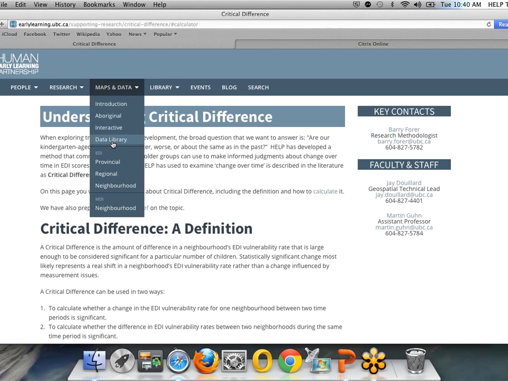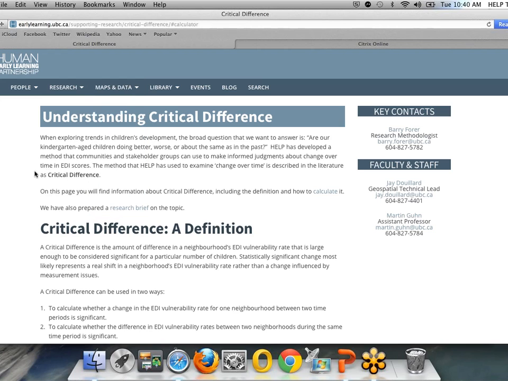So we could go to the data library here under the Maps and Data tab. I'm not going to click on it at this moment because I'll lose all the numbers I just punched in, but there will be an option to download an Excel table of all the data, and you could also look under our map area here for EDI, and we can look at the provincial maps, which will show you school district level data. Regional is health authority data, and then neighborhood will give you the neighborhood data.